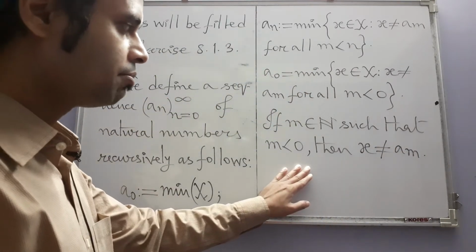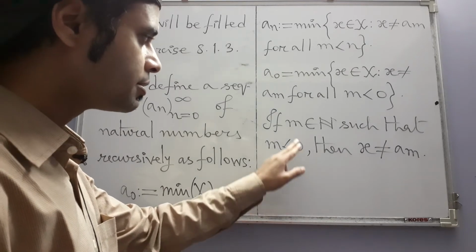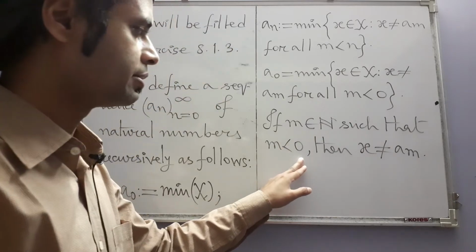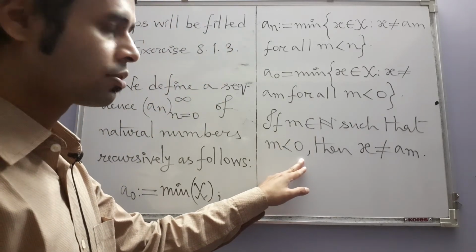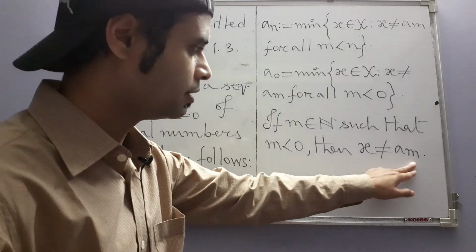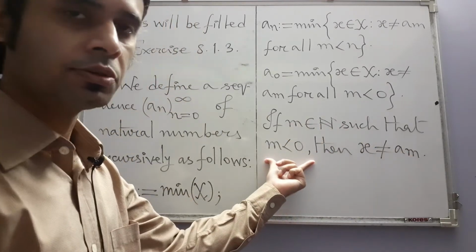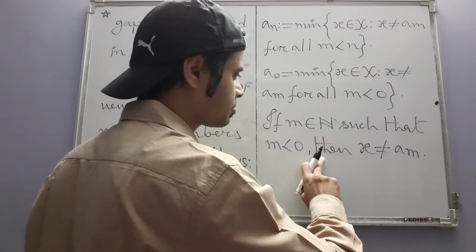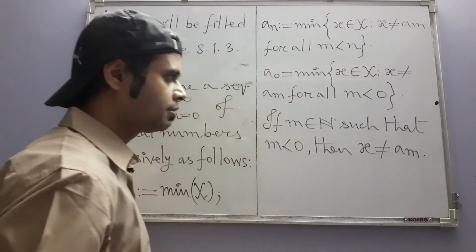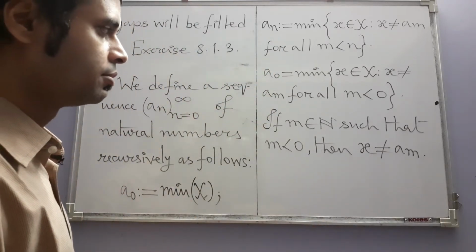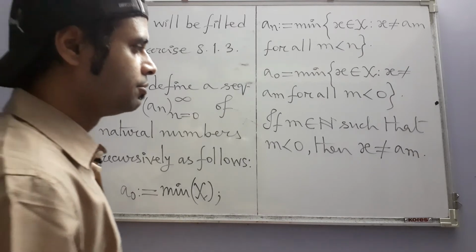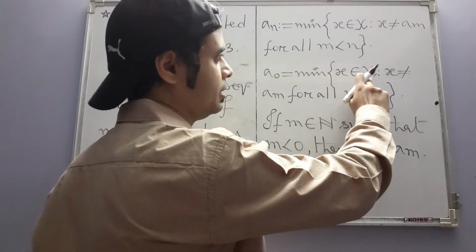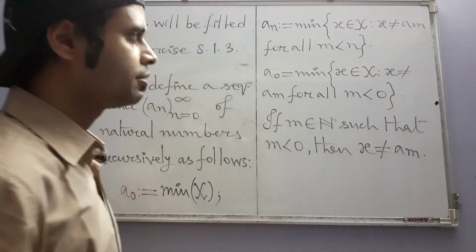Now this is an implication whose hypothesis is this: m is a natural number and m is less than 0. And the conclusion of this implication is this. Is the hypothesis true? No. The hypothesis is false. So the implication is vacuously true. And vacuously true, that too, for what? For every element x in x, this is vacuously true.